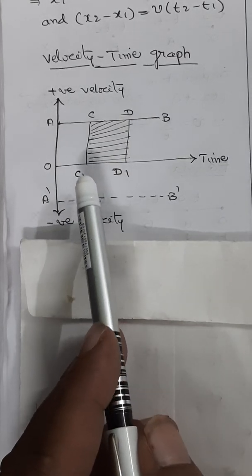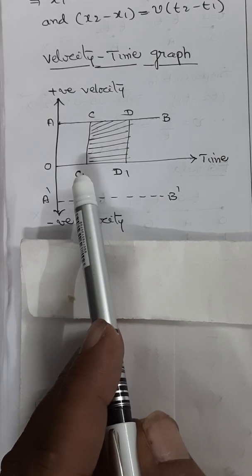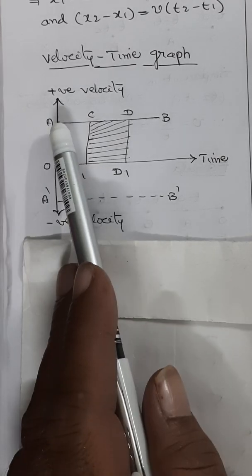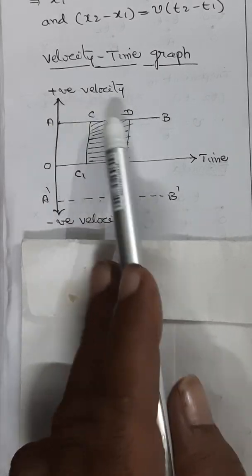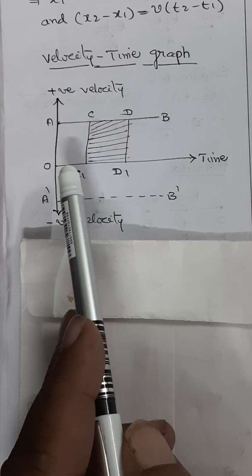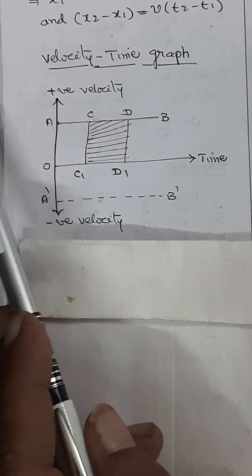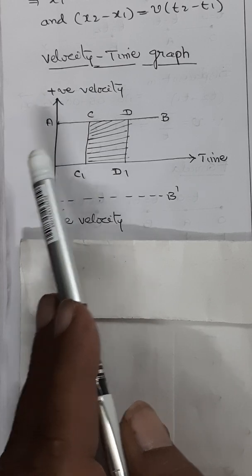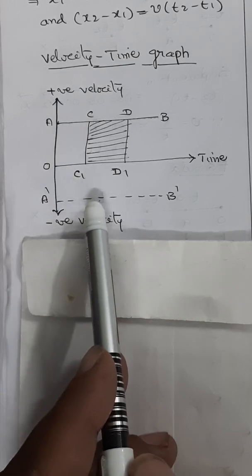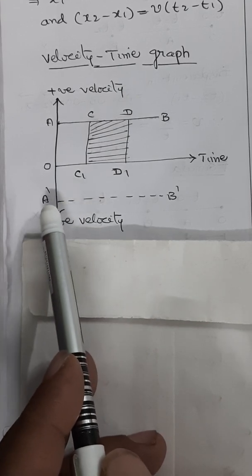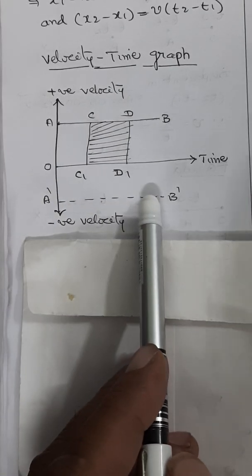Therefore v is positive. So the velocity time graph of the object is a straight line AB parallel to the time axis. If the object is moving towards the left of the origin, the velocity time graph is again a straight line parallel to the time axis but lies below the time axis, shown here as A dash B dash.